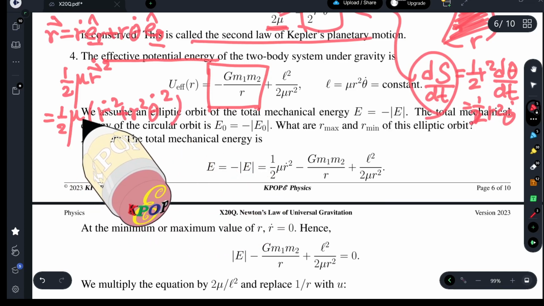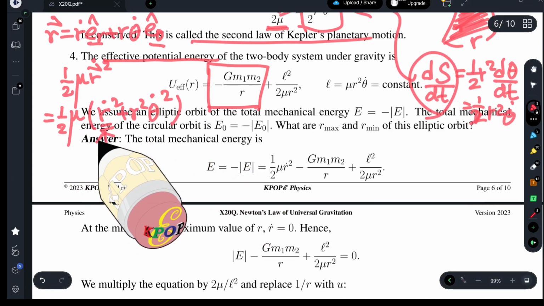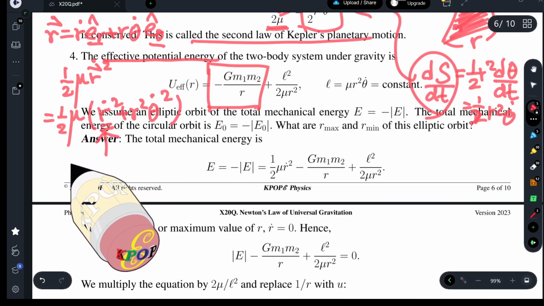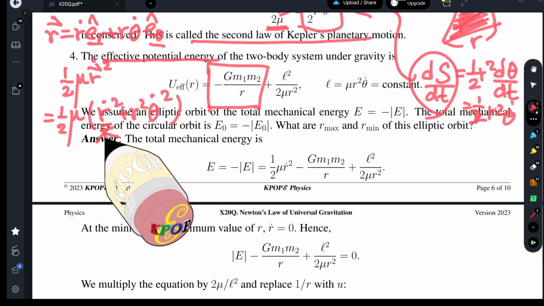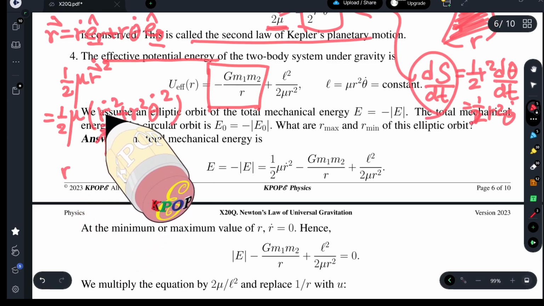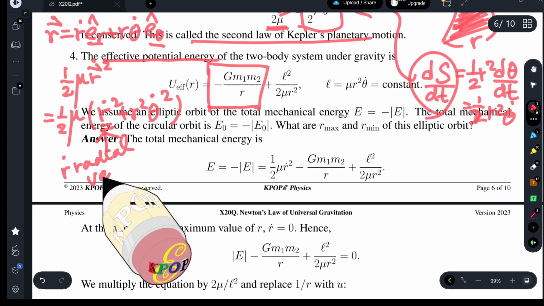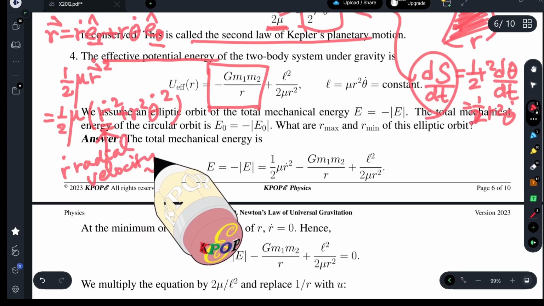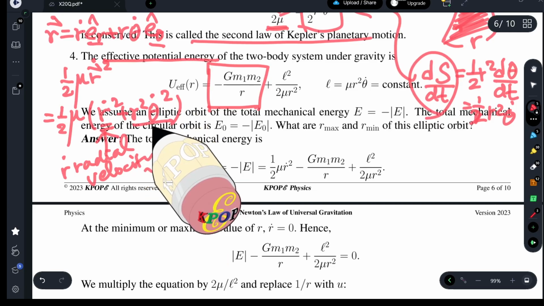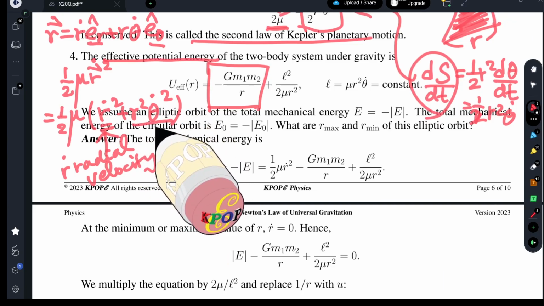And we make use of this term. We call r dot the radial velocity, and r theta dot the tangential velocity, and this is the velocity squared.